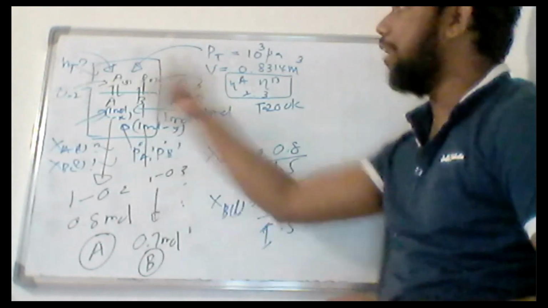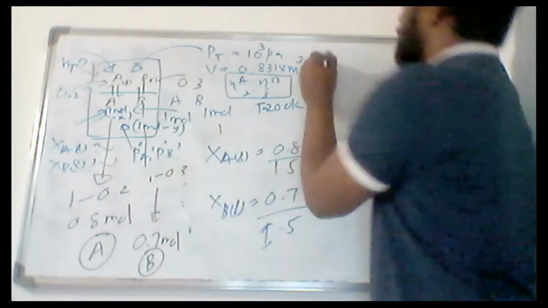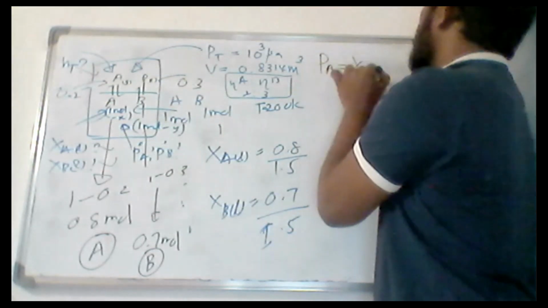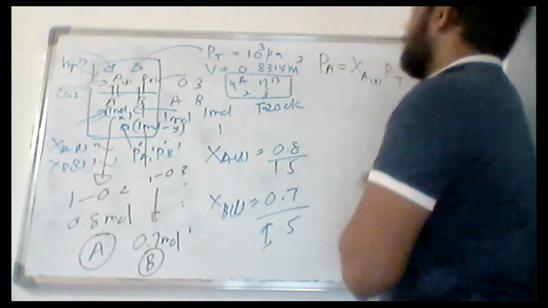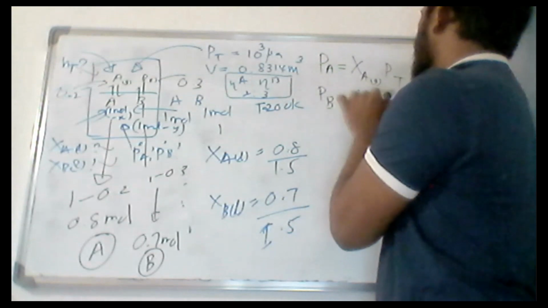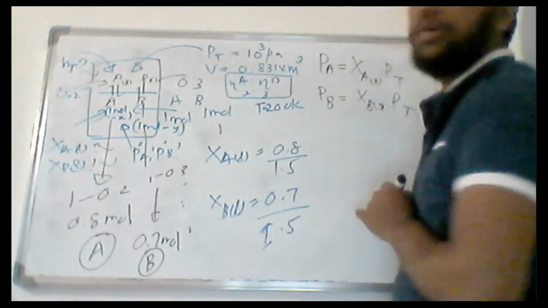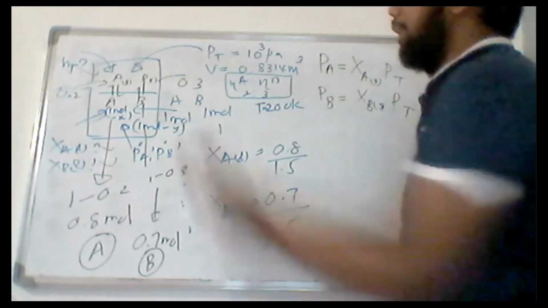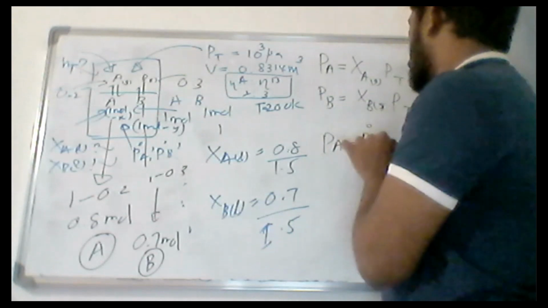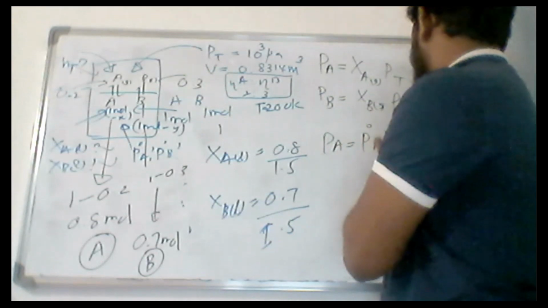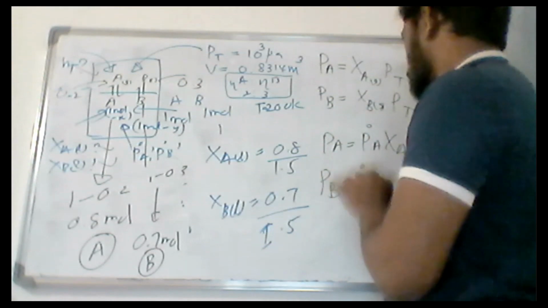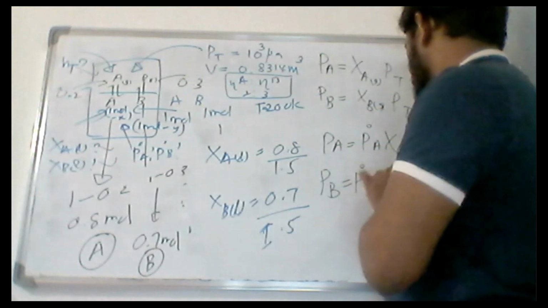Okay, so in the vapor phase, we have an equation like this. PA should be equal to XA gas times PT and PB should be equal to XB gas times PT. This is according to Dalton's law. In the liquid phase, we should have PA equal to P0A times XA liquid and PB equal to P0B times XB liquid.